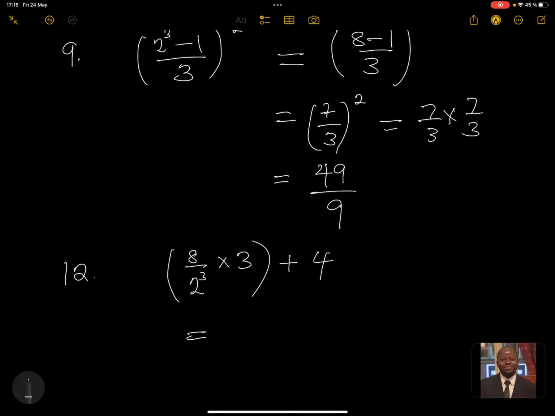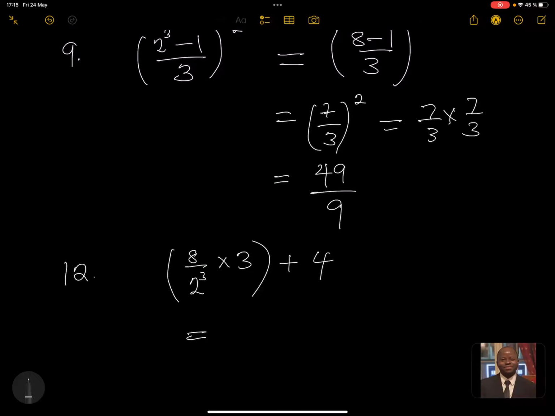Again, according to the rule of PEMDAS, we start with what is in the bracket. Inside the bracket, there are 3 operations: division, exponents, and then multiplication. According to our rule, we deal with exponent first.